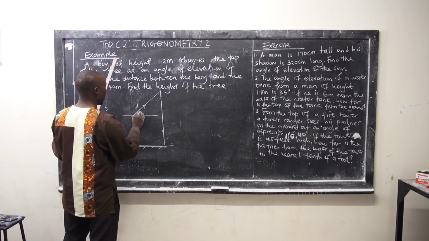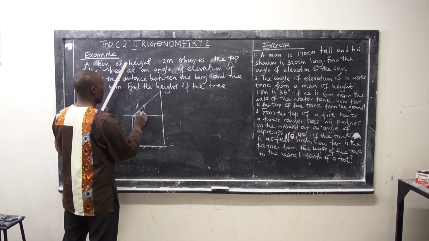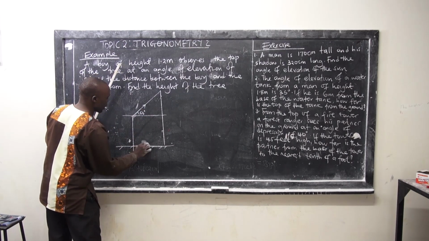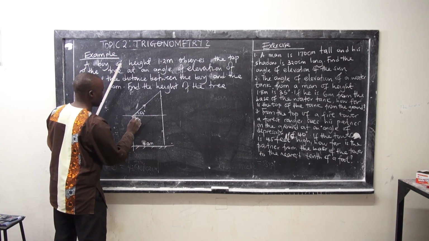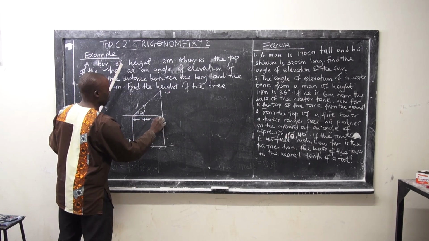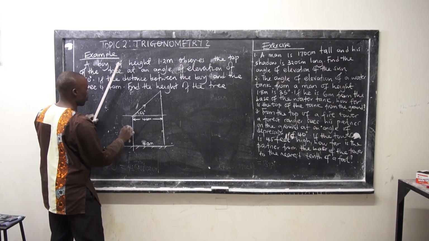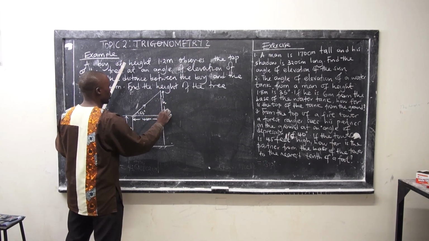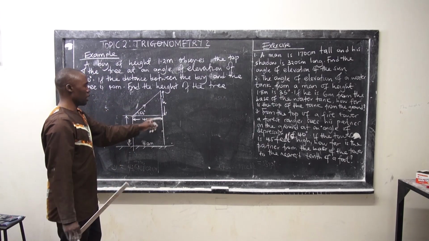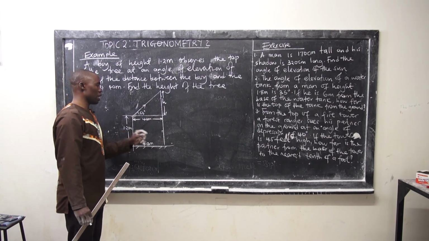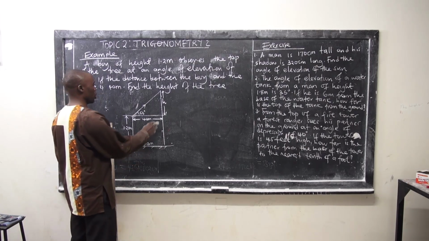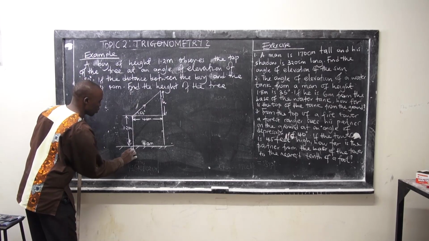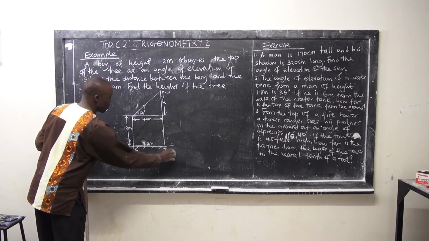Then we must always have a horizontal. So this is the angle 50. So the boy is 40 meters, which is the same 40 meters here, but the height is actually 1.2 meters. So we can let this height be h, so that after solving for this, this will be the added height to make the height of the tree. So this is standing for our tree, then this is the boy.